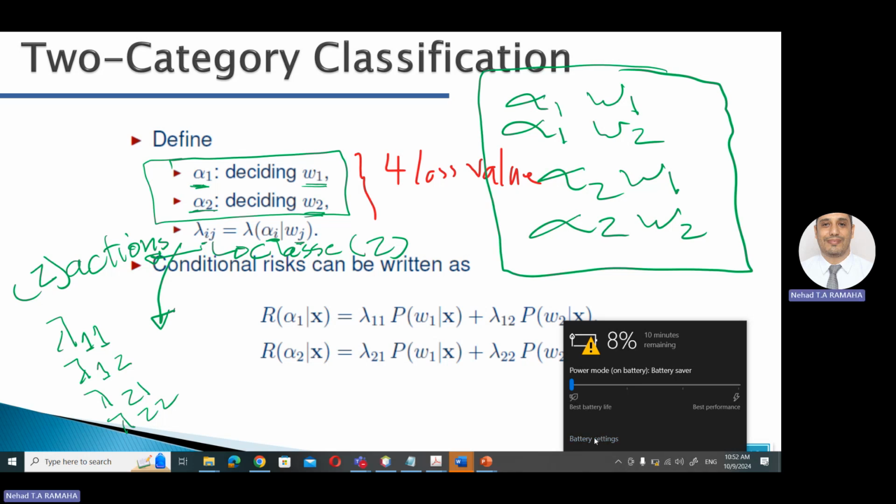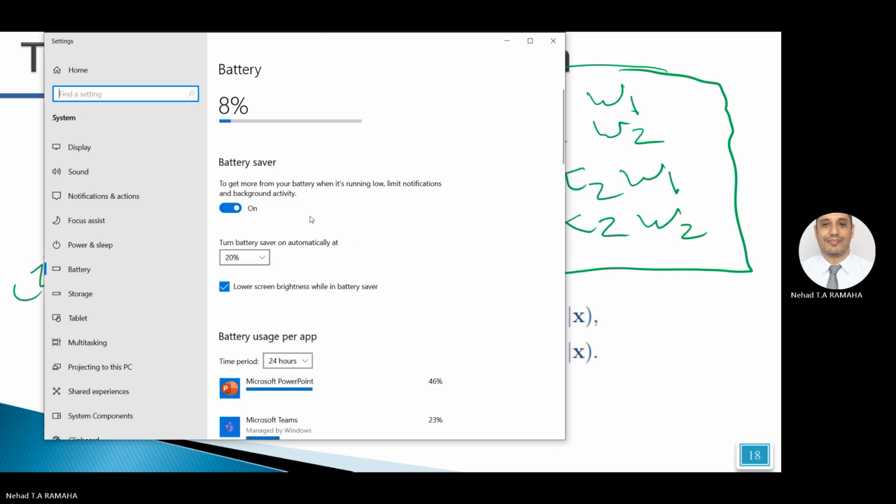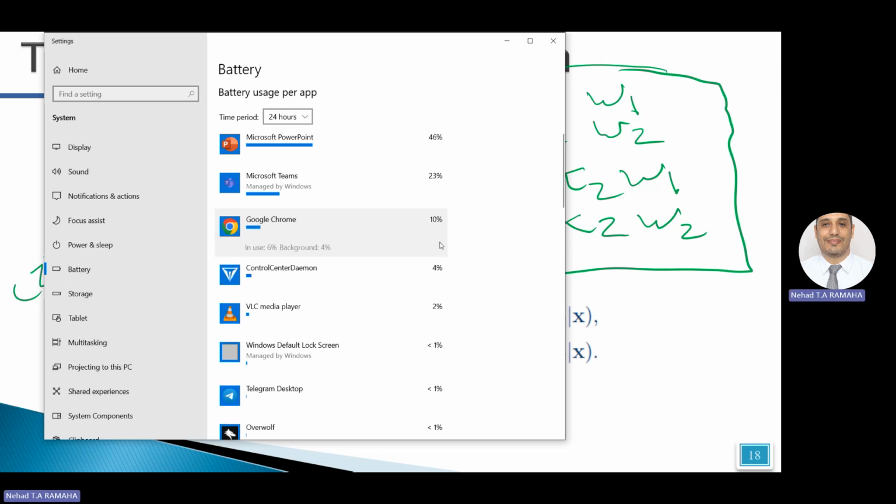Battery saver on. This one takes 10% of the battery, so let's close it.